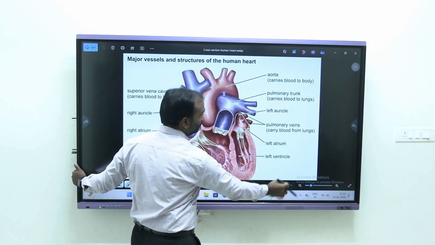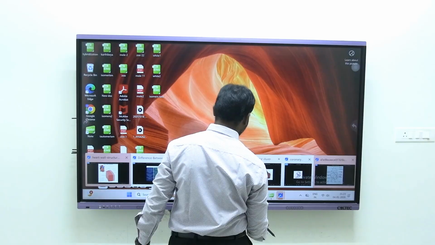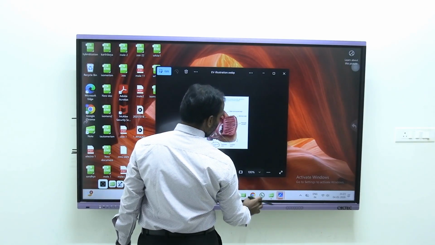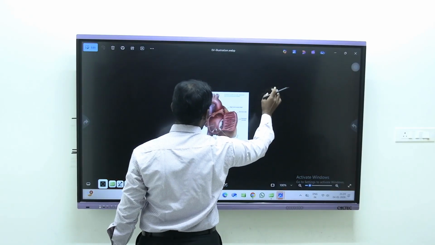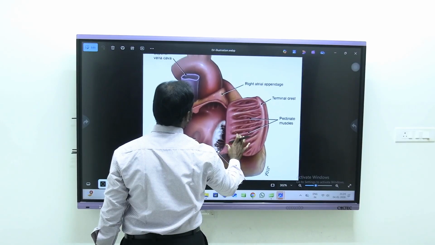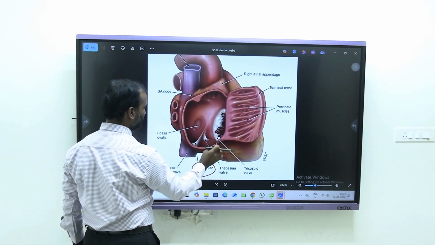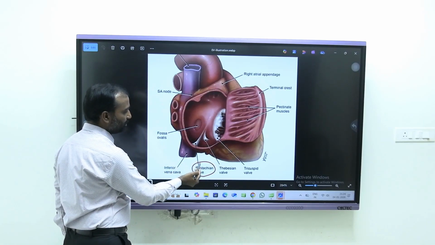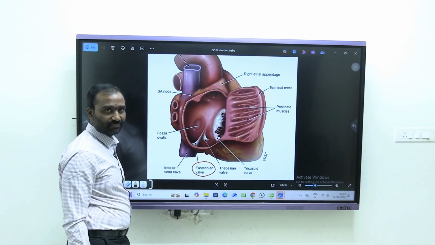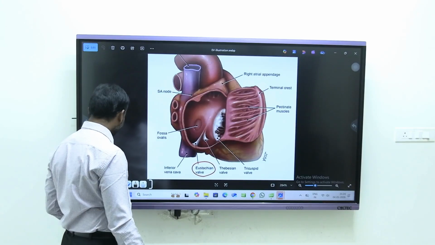Okay now, right? See, this is the eustachian valve and here it is the sebaceous valve as we discussed. Am I clear? So first one is what? Eustachian valve. Okay now.